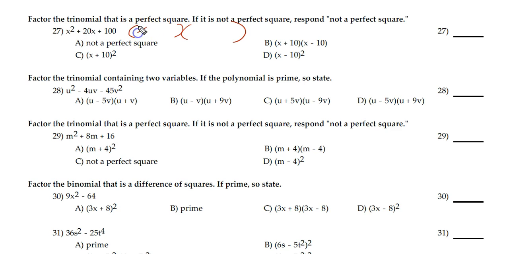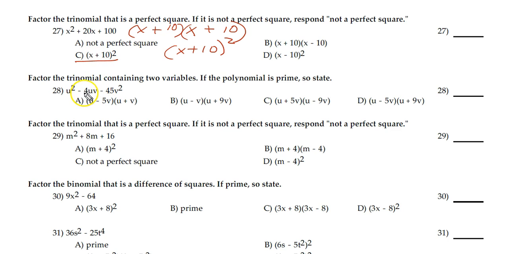This is going to be an X and an X. Factors of 100 that add up to 20, 10 and 10, and they're both going to be positive. And the way to write this is X plus 10, the quantity squared. So this is a perfect square trinomial that will factor into letter C here.